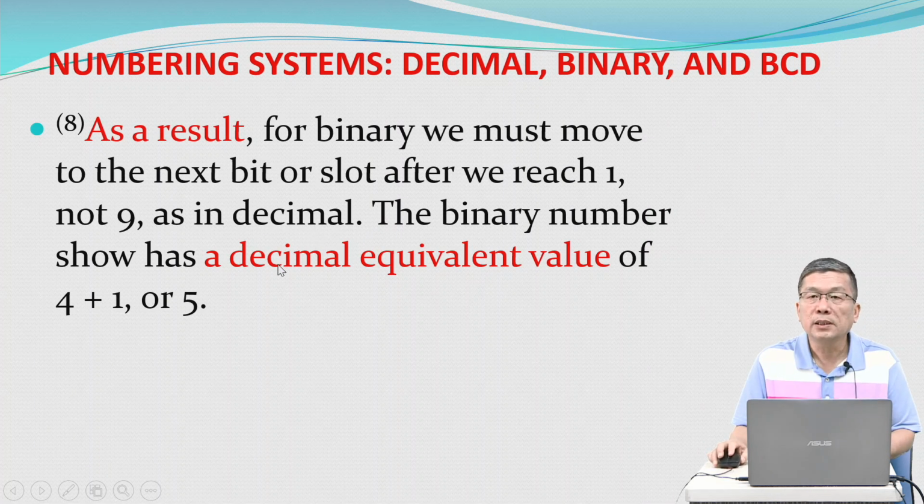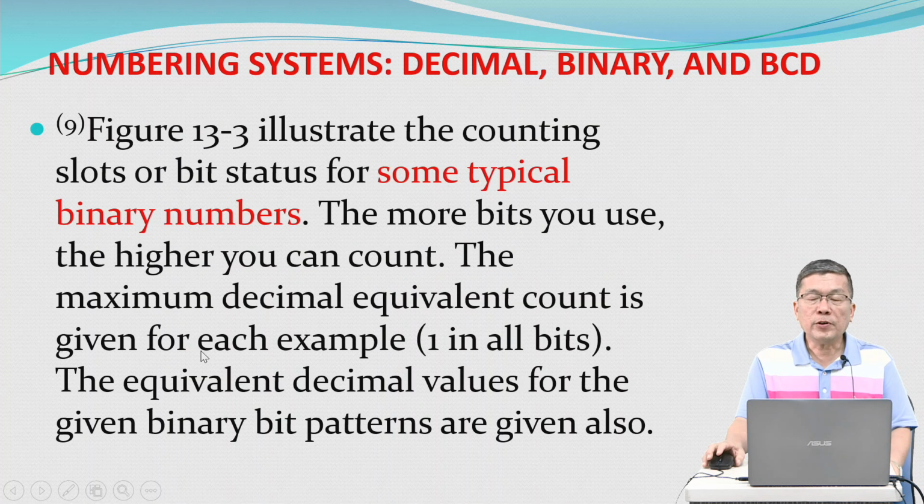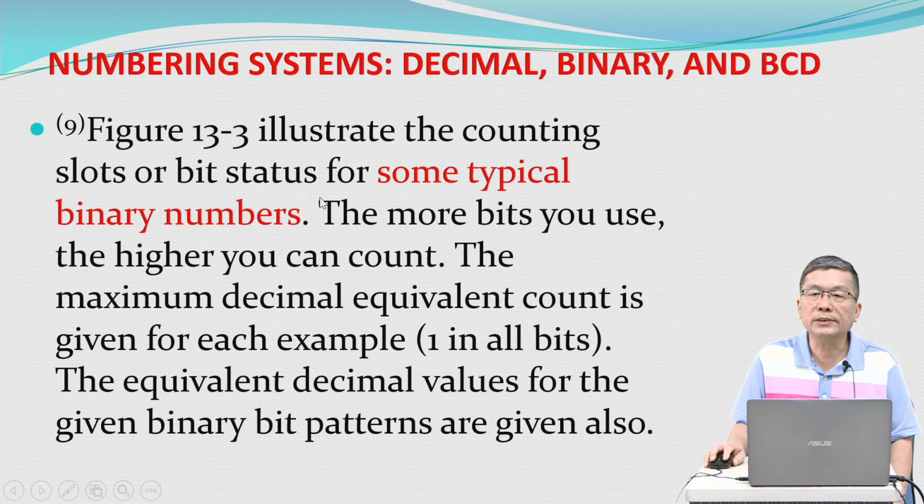As a result, for binary we must move to the next bit or slot after we reach 1, not 9. As in decimal, the binary number has a decimal equivalent value of 4 plus 1, or 5. Figure 13.3 illustrates the counting slot or bit status for some typical binary numbers.